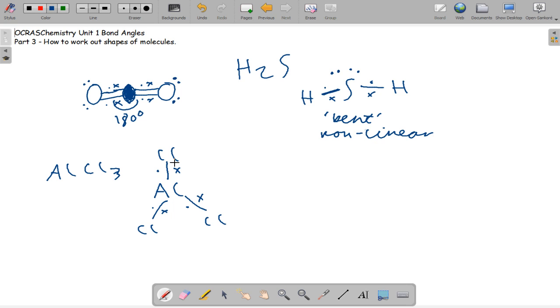So its shape would be trigonal planar, as all the bonded pairs are repelling equally, just like boron trifluoride. Boron trifluoride also has the same 120-degree bond angle.